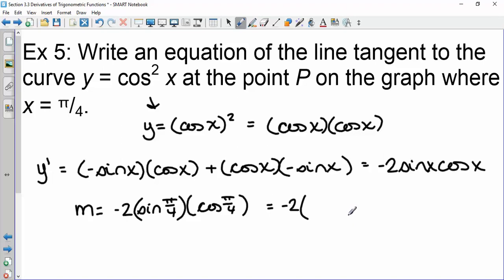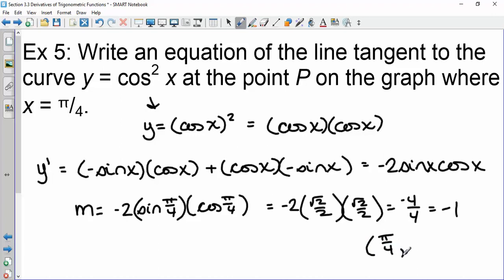Sine of 45 degrees, which is radical 2 over 2. Cosine of pi over 4 is the same. So if we multiply these, we get negative 2 times the square root of 4 over 4, so negative 2 times 2 is negative 4 over 4, which is negative 1 for my slope.